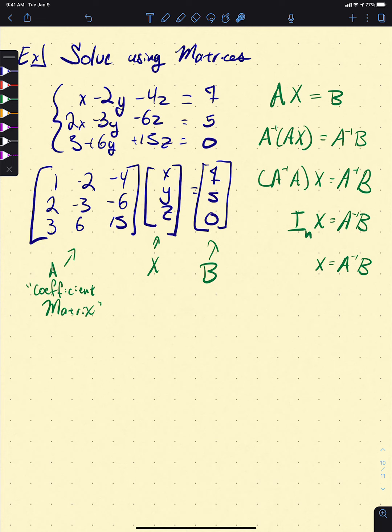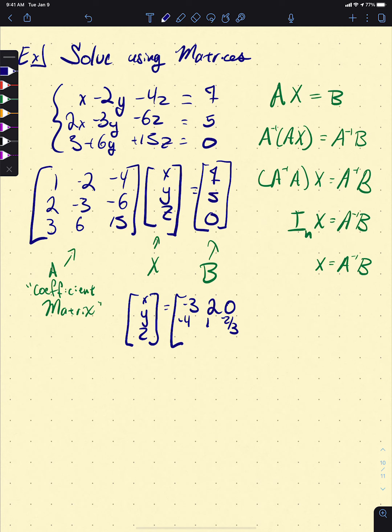Because if you notice, this matrix was one that we already found the inverse for. So what that means is we can say that my xyz, right, well, it's equal to A inverse, which we said was -3, 2, 0, -4, 1, -2/3, and then 1, 0, 1/3.